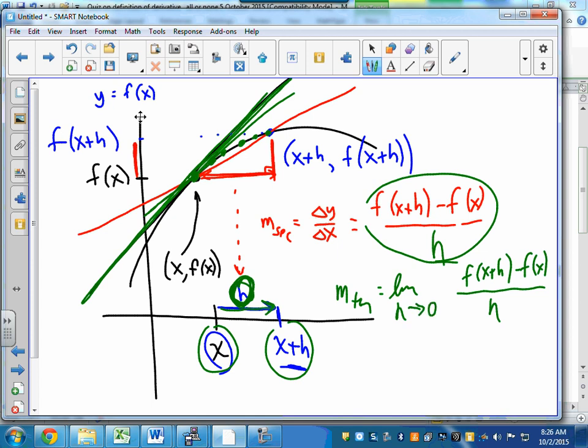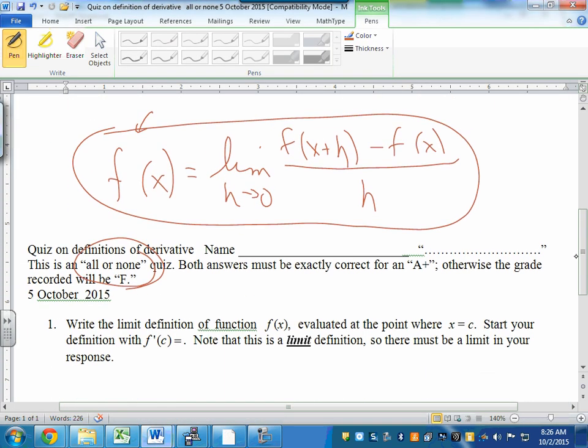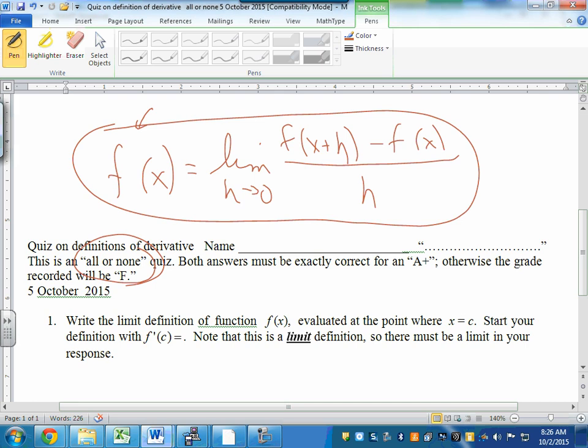And that was the second definition, I'll go back to our quiz, that you have to just be able to write down. f prime of x is this particular limit, the limit of the difference quotient. Now again, in the big scheme of things, the x represents any value in the domain of the function.